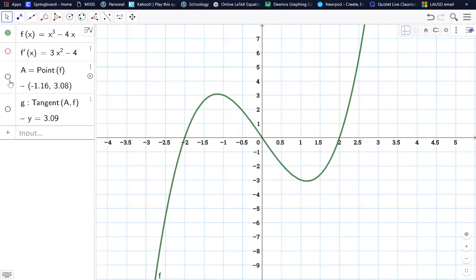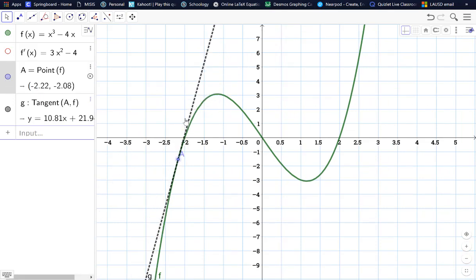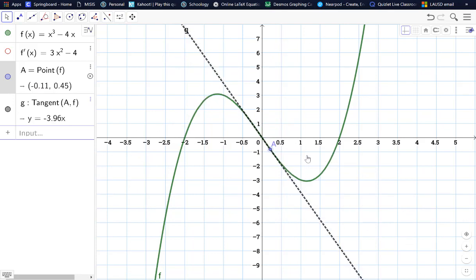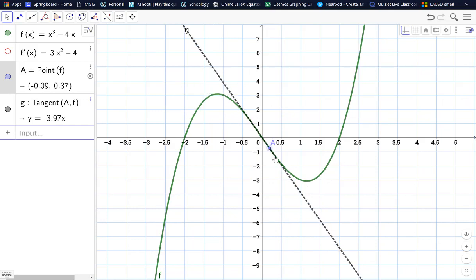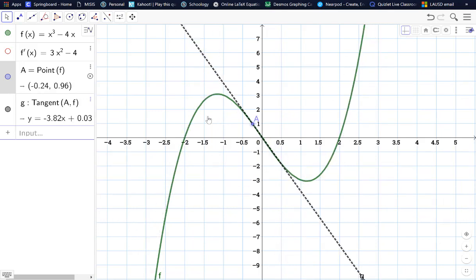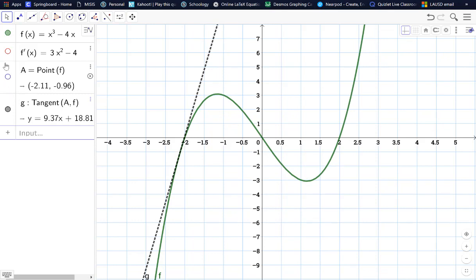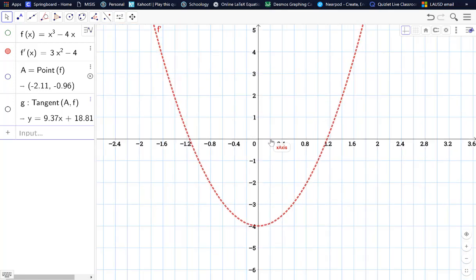But what I want to show you is that if I find the tangent line on this graph, it should be increasing here, decreasing here, and increasing here. So keep in mind that the slope of the tangent line helps to determine if a function is increasing or decreasing. So right here, now I'm going to actually graph the derivative. So right here is the derivative, and I'm going to put this into our notes.